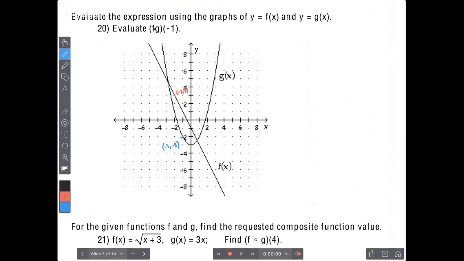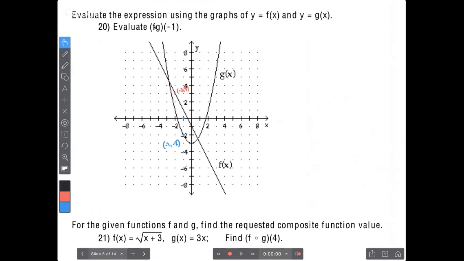Where do they mess up? Negative 1, negative 2, negative 2 gives 3. Do they want f times g of negative 1? I meant to give you a composition question. Maybe I was wrong to do that, and I should have instead given composition. They wanted to multiply.